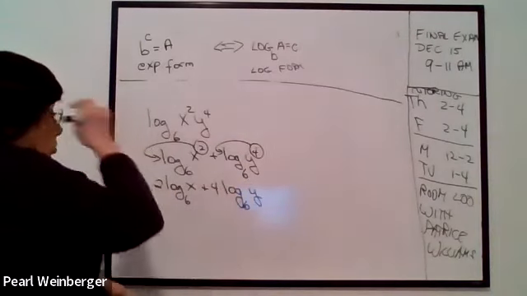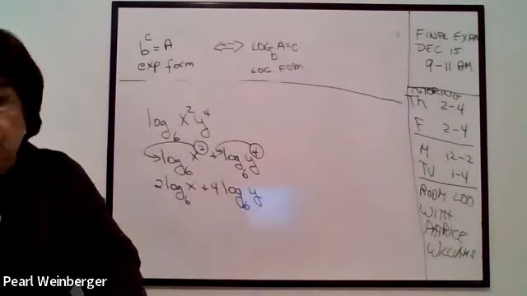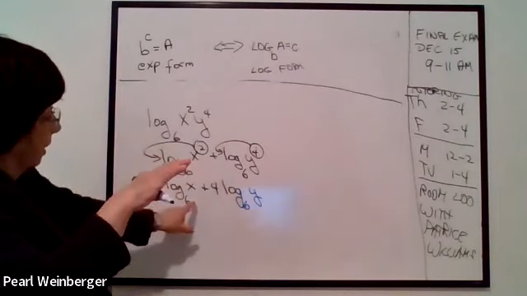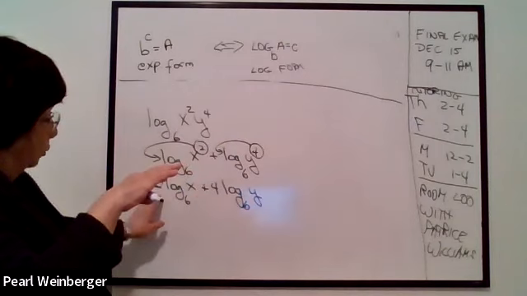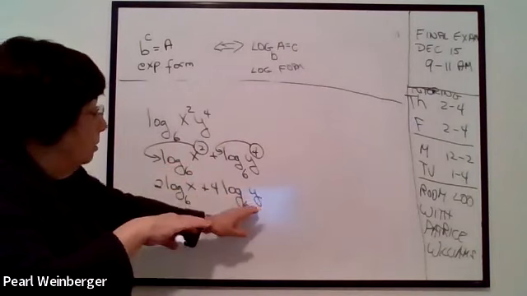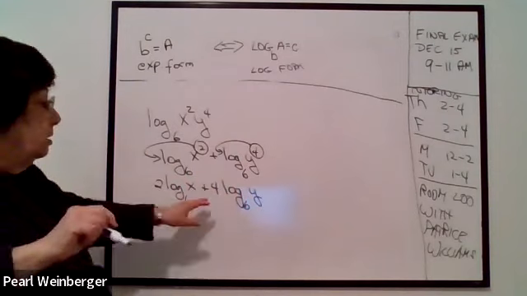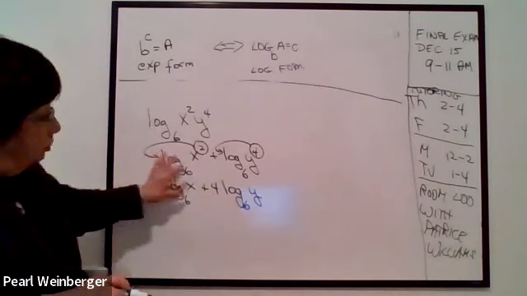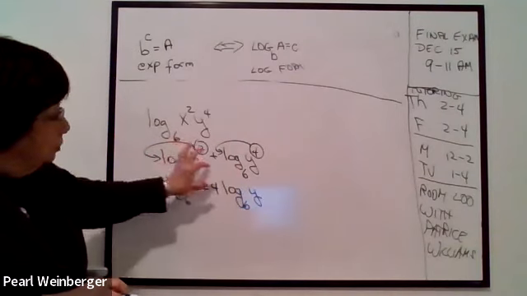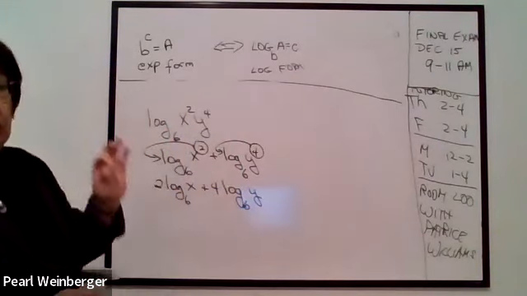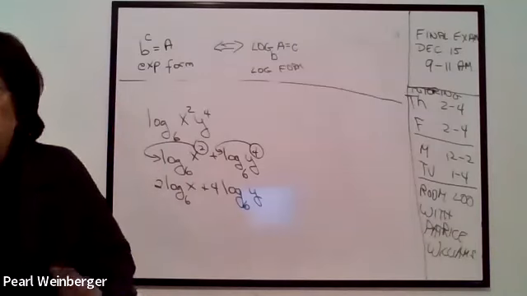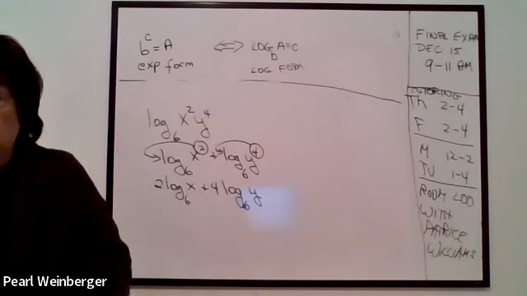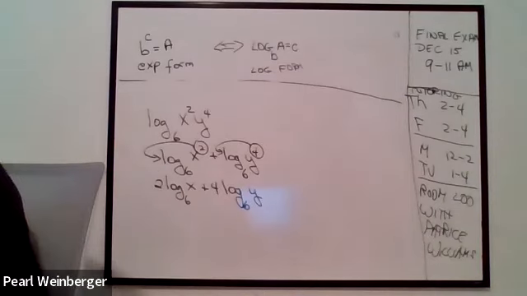Notice the fact that it's log base 6 doesn't make a difference. It could be any base. What we're going to do is take the log of x multiplied by 2 and add it to the log of y multiplied by 4. And now this is why it's called expanded, because it's telling you what to do to each individual log. Again, keep in mind, logs mean exponents. Let's do another one.